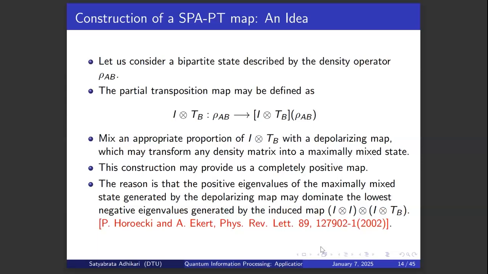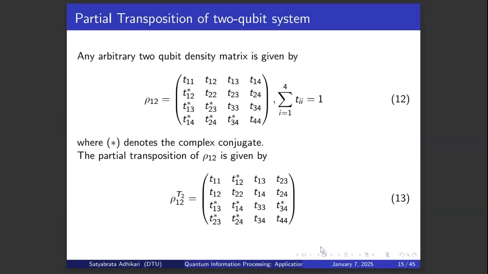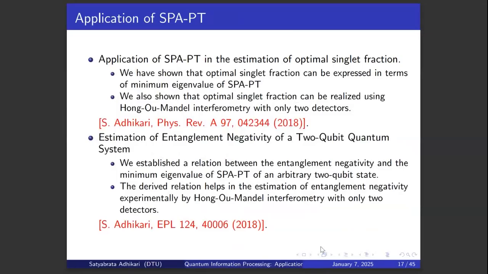And if we do this, then we are capable of achieving this map in experiment also. This work was done by Horodecki and Ekert in 2002. So I'm not going into this. We can just mention here some applications of SPAPT, the structural physical approximation of the partial transposition map.